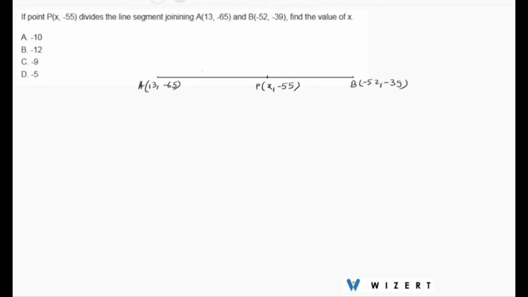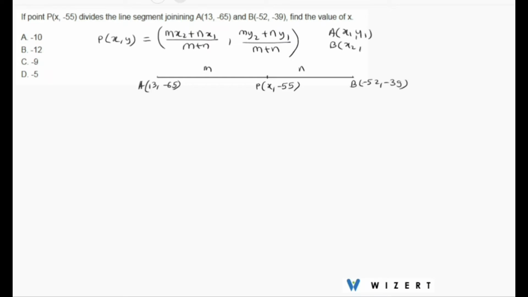Now we know if the line is divided by the point in the ratio m is to n, the coordinates of the point dividing that line are given by P(x, y) equal to (mx2 plus nx1) upon (m plus n) and (my2 plus ny1) upon (m plus n), where A(x1, y1) and B(x2, y2) are the points joining the given line and m is to n is the ratio.